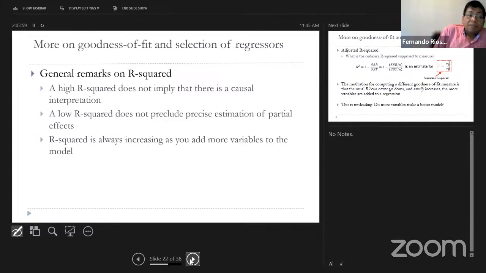Some other things to consider. Remark on the R-squares. Something that I mentioned last week is that the R-square is really a measure of how much variation is being explained. Now, one of the disadvantages of the R-square is that the more data that you have, or the more variables that you include in the model, the higher the R-square is going to be, which sometimes people assume means that your model is going to be better.